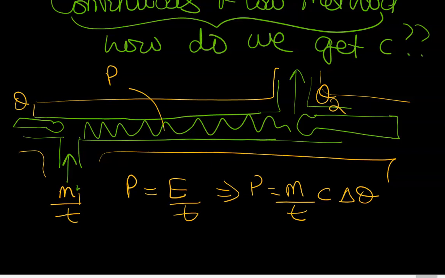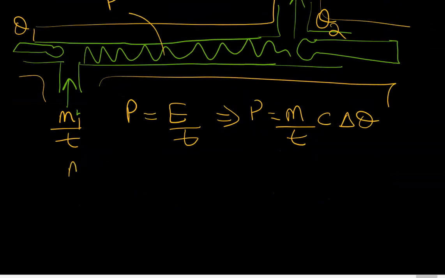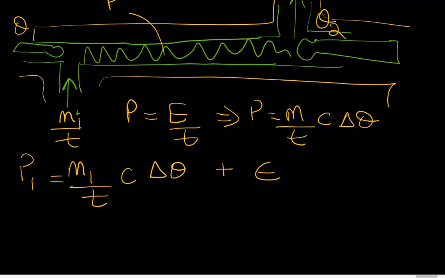So let's go. So let's say I have an initial mass of water M, right? So M1 over T, and I have a certain power, P1 supplied, my specific heat capacity, and I have delta theta. I'm going to let E be the energy lost to the surroundings. And this is equation 1.